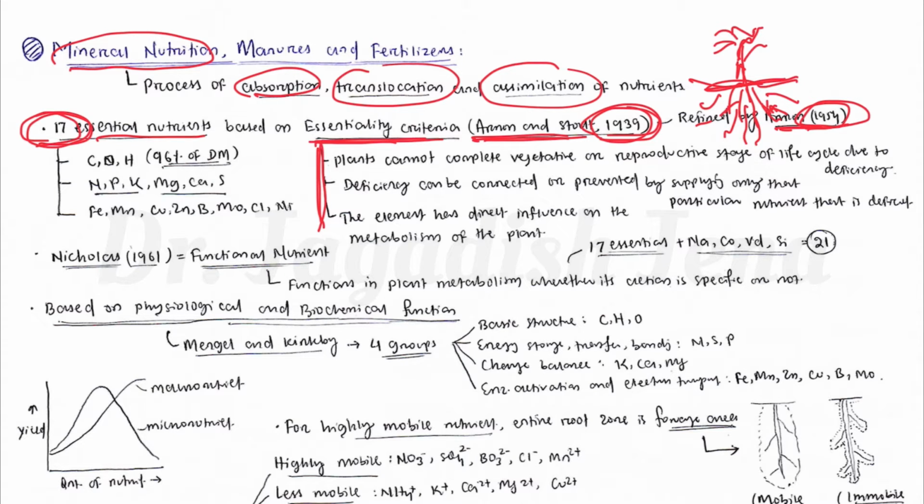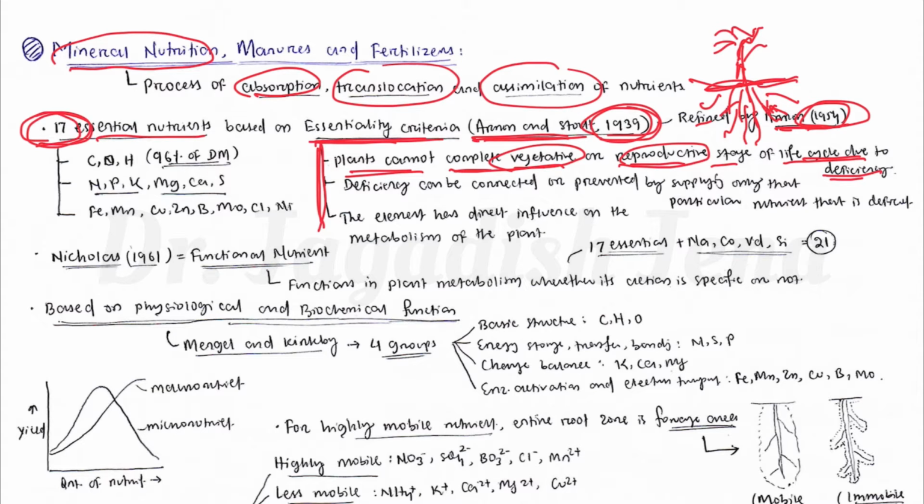The first criterion is that the plant cannot complete its vegetative or reproductive stage of the life cycle due to deficiency of that particular nutrient.